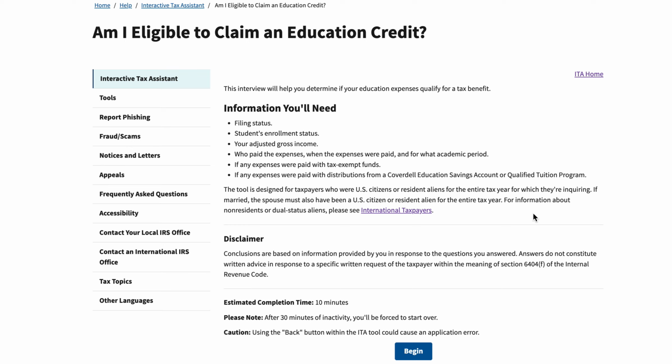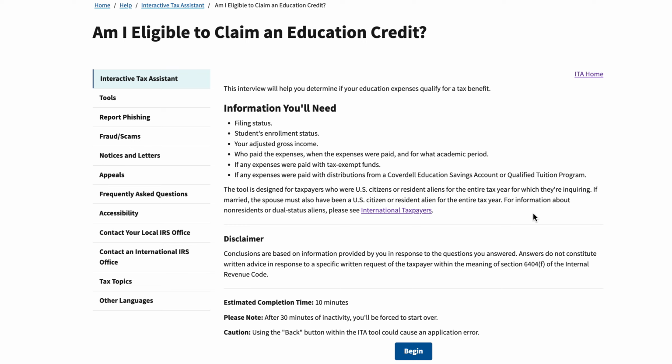The information that you're going to need is your tax filing status: married filing jointly, married filing separately, head of household, single, or qualifying widow or widower. Also the student's enrollment status, whether they're full-time or part-time, adjusted gross income, who paid the expenses, when the expenses were paid, and for which academic period.